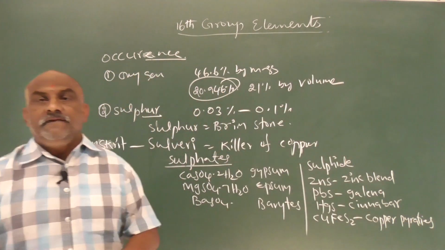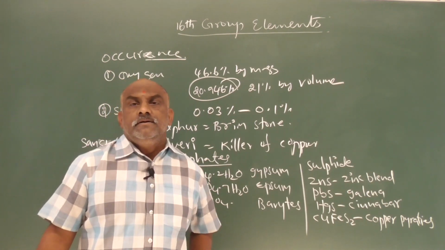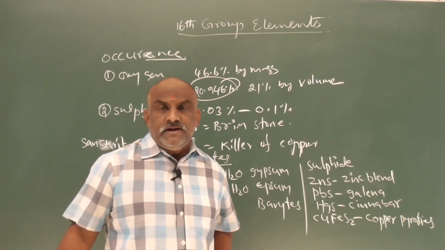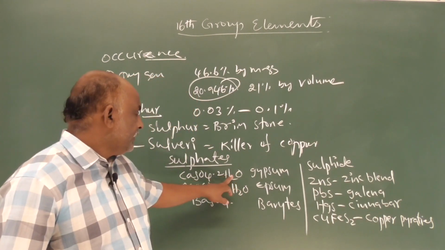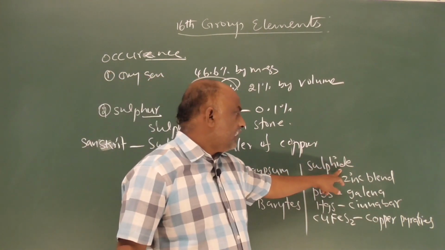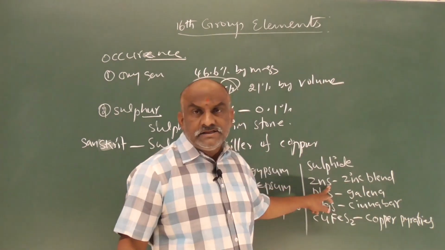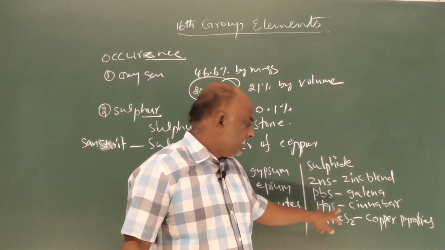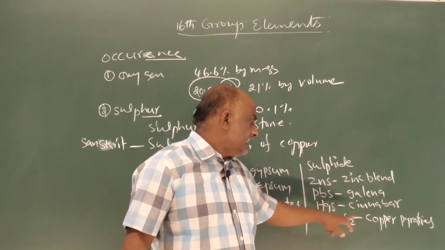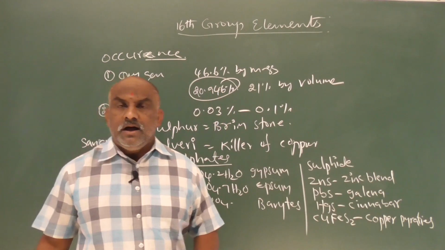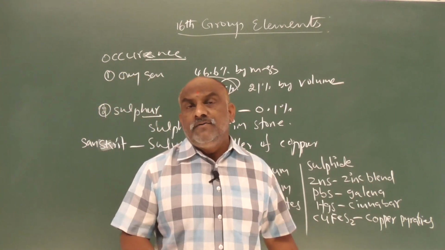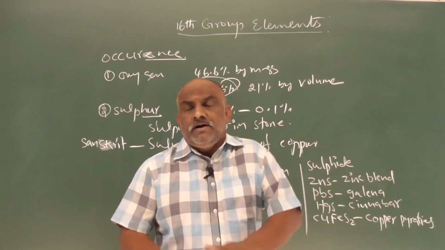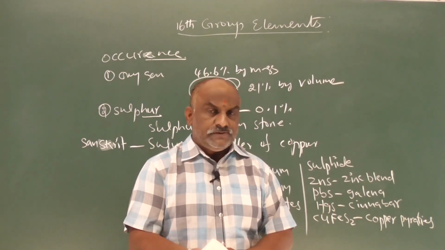These are sulfides. So sulfur is available as sulfates and as sulfides: zinc blende ZnS, galena PbS, cinnabar HgS, copper pyrites CuFeS2, and iron pyrites is also there. Different types of minerals are there. Copper minerals are available as oxides and sulfides.